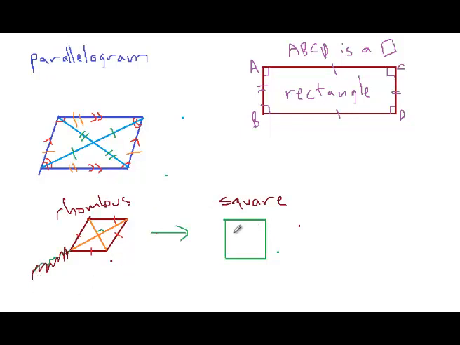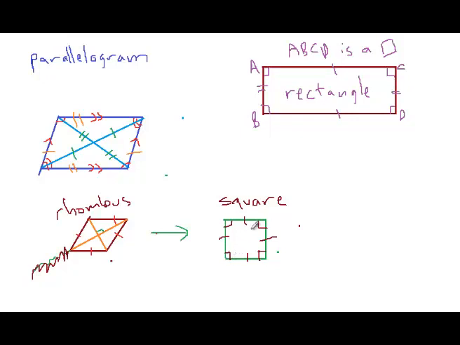Anyway, a square is a rhombus that has a right angle. Because if a square has one right angle, then of course it's a parallelogram, so it has to have all right angles. And so if you have right angles plus all sides are equal to each other, then you've got a square. And in a square, I mean, everything is equal.